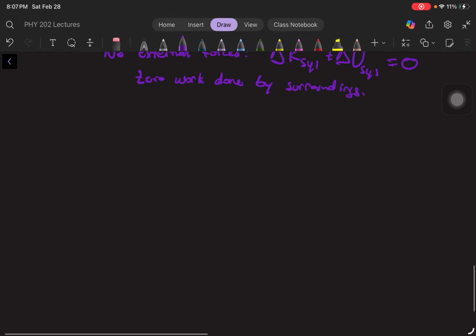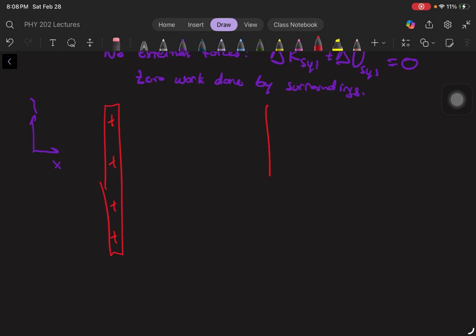And so for the first thing we want to look at, let's consider some parallel plate capacitor. So we'll have an electric field that points from positive to negative.